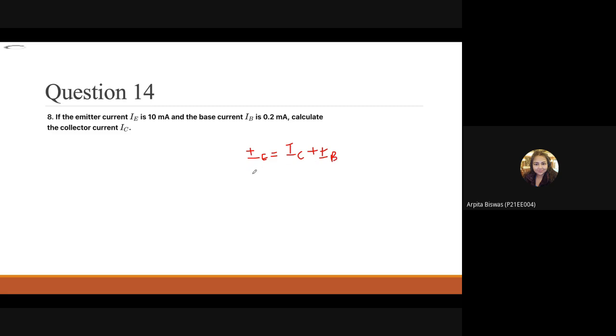So IE is 10 milliamps, and IC we have to calculate. We have IB as 0.2. So what is the value of IC? It is 9.8 milliamps.